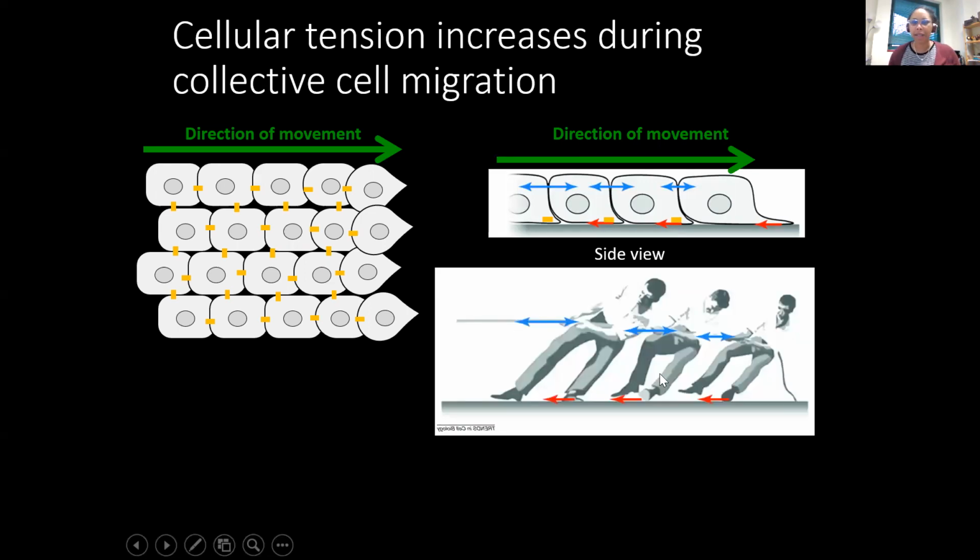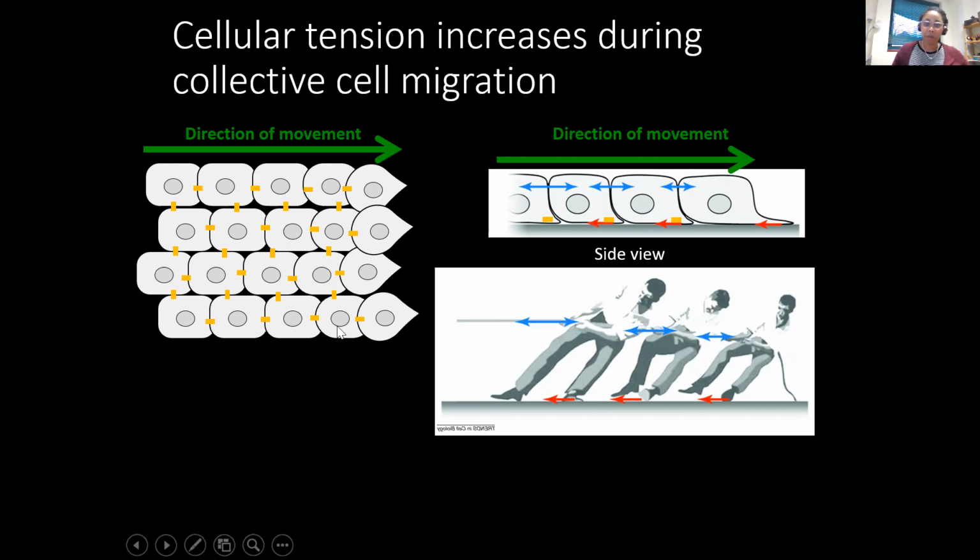A good metaphor would be playing tug of war. Each person on your tug of war team represents an individual cell. You have to maintain connection with the rope, but remember the rope is being pulled by the opposite team.